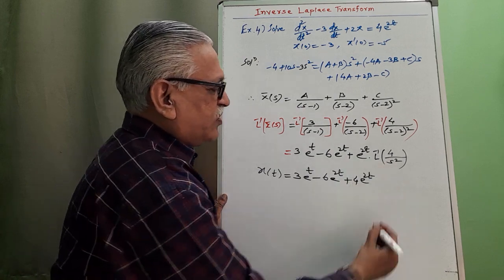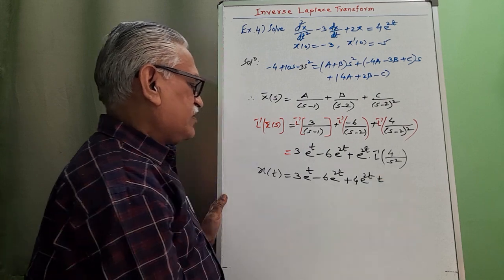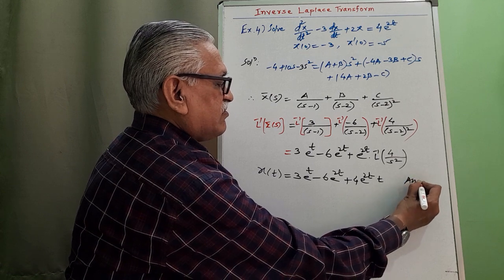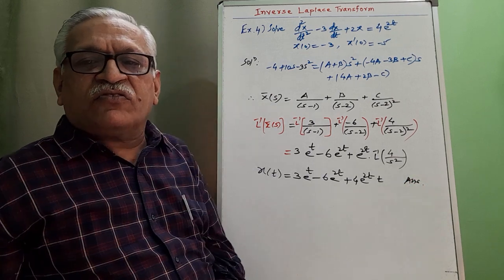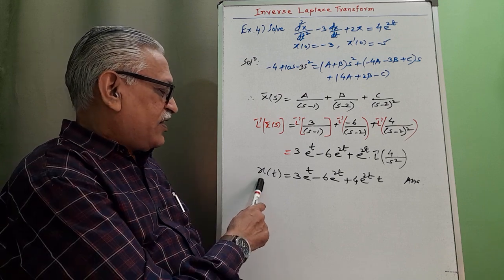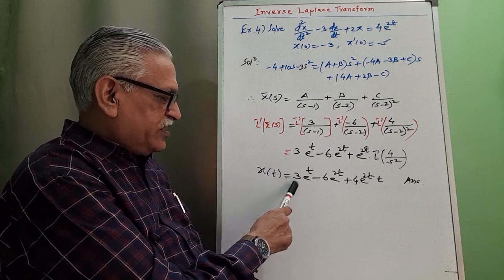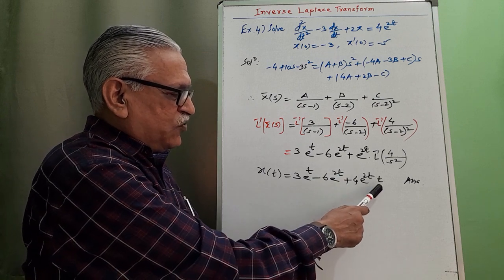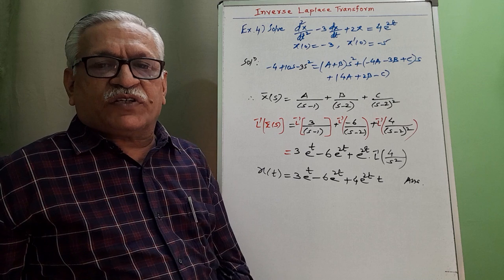Inverse of 1 by s square is t. As a required solution or the answer. Therefore, final answer is x of t is equal to 3 e raised to t minus 6 e raised to 2t plus 4 times t into e raised to 2t.